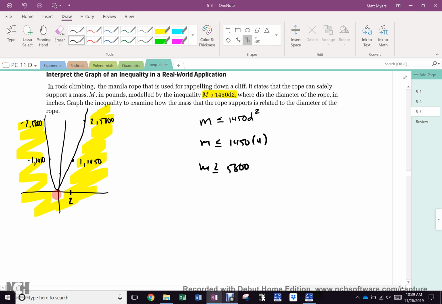Everybody cool? Now, obviously, if I'm rock climbing, 5,800, it's a lot of pounds, right? Because it's pounds, isn't it? No, it could pull me up. That's my point, right? How would you get up with 5,800? But no, that's not the question. The question is it'll hold 5,800.